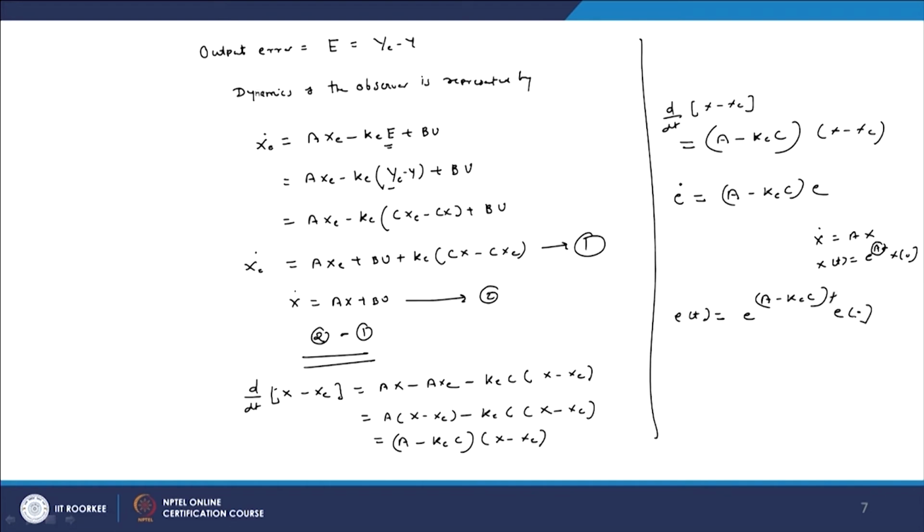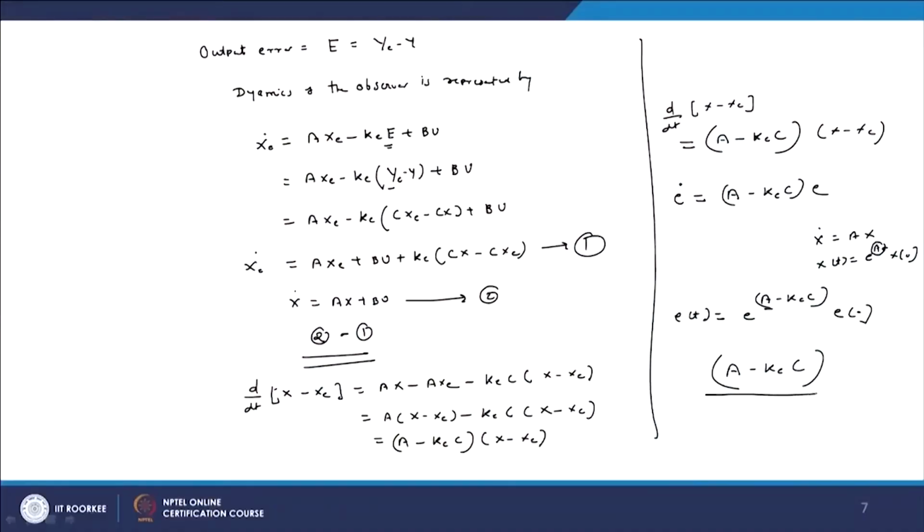That means the minimization of error depends upon the eigenvalues of a minus k into c. The earlier the error reduces to 0, the better it is for our estimation.